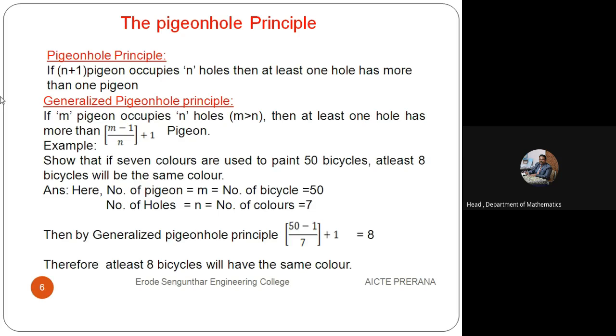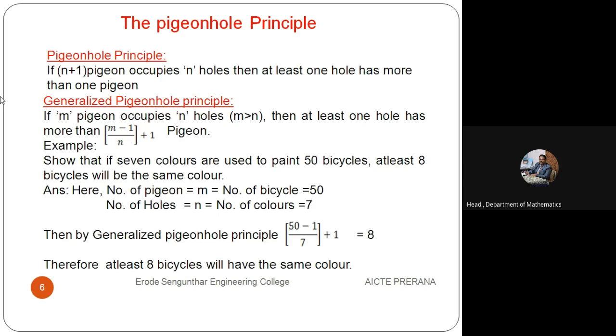Here is one example: prove that if 7 colors are used to paint 50 bicycles, at least 8 bicycles will be the same color. The given condition is that 7 colors are used to paint 50 bicycles. We denote the number of pigeons by m, so m equals the number of bicycles, that is 50.